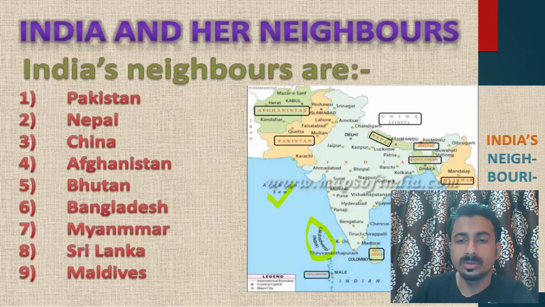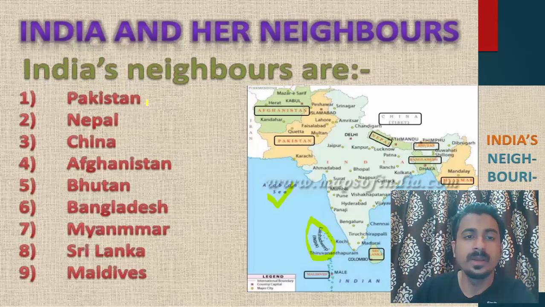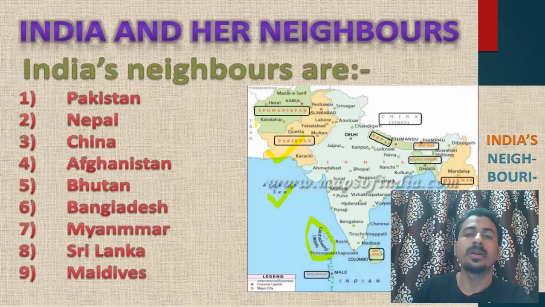Okay. So these two main islands are there, and then our neighbors are. I also talked about neighbors in the last class. If you recall, if you do not recall, then you can see it again. It is on the channel. Okay. Pakistan, here it is, our least important neighbor, but we cannot help it. They are our neighbor and we have to cope with them, but they are not advantageous to us in any way.